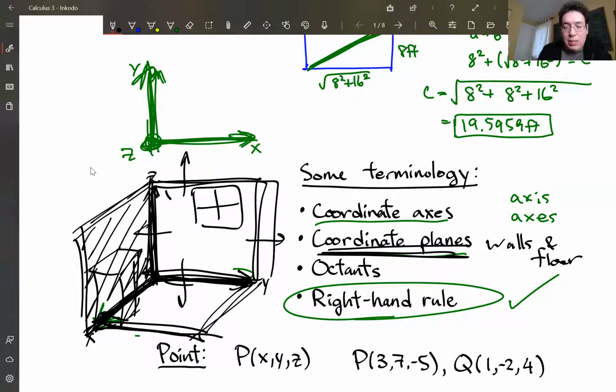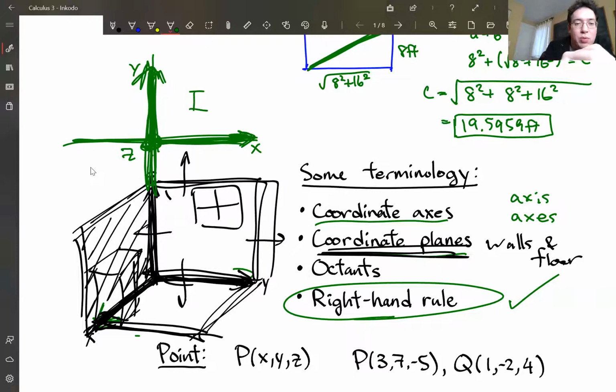Let's talk about octants. If you imagine these three-dimensional axes, the coordinate planes divide the space into 8 pieces, kind of like in two-dimensional space, where the x and y axes divide the plane into 4 quadrants.